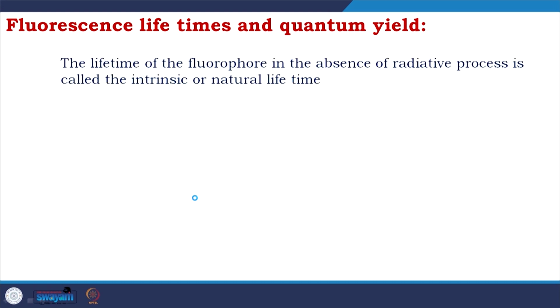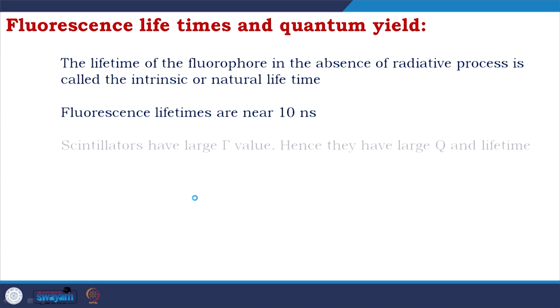Fluorescence lifetime and quantum yield. The lifetime of a fluorophore in the absence of non-radiative processes is called the intrinsic or natural lifetime. Fluorescence lifetimes are near 10 nanoseconds, as we have shown earlier. Scintillators have large tau value, hence they have large quantum yield and lifetime.